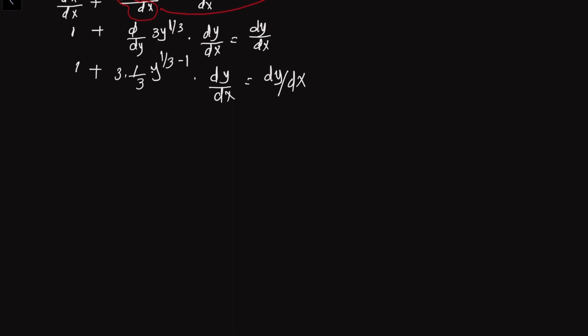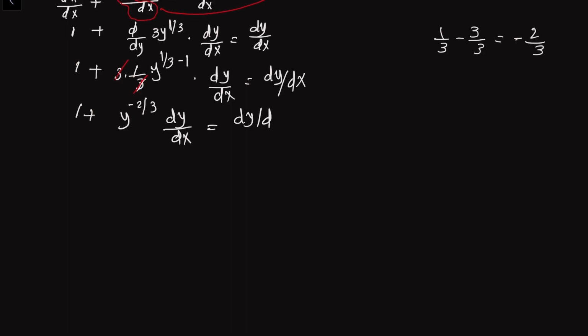So this will be 1 plus, the 3 times 1/3 will cancel out. So it will be y to the 1/3 minus 1, which is 1/3 minus 3 over 3, equal to negative 2 over 3. So it will be y to the negative 2 over 3 times dy over dx equals dy over dx.